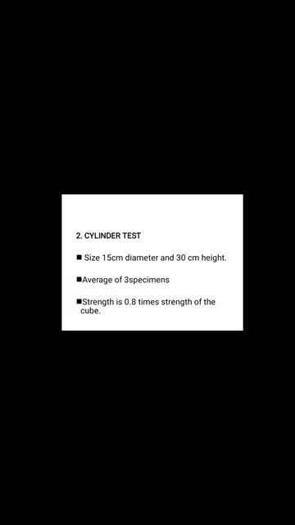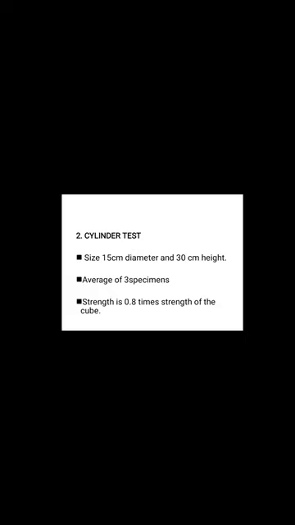Generally the strength of the cylinder is less than the cube strength. It is 0.8 times the strength of the cube. But sometimes the cylinder test is better because it does not have sharp edges and the stress distribution is uniform. In the cylinder test, the slenderness effect will also come into picture. What is the slenderness effect?